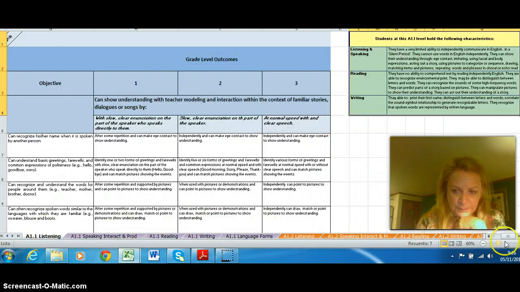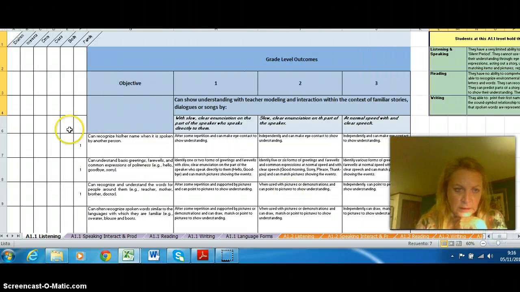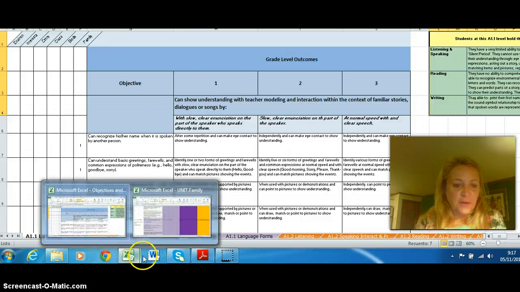Listening. Over here for the family unit that I started, I'm going to be using these objectives in grade 1. All right. So that's what I have here with the objectives and the outcomes. The language might need to be tweaked. This is a first draft. Okay, so I just wanted to share that with you.